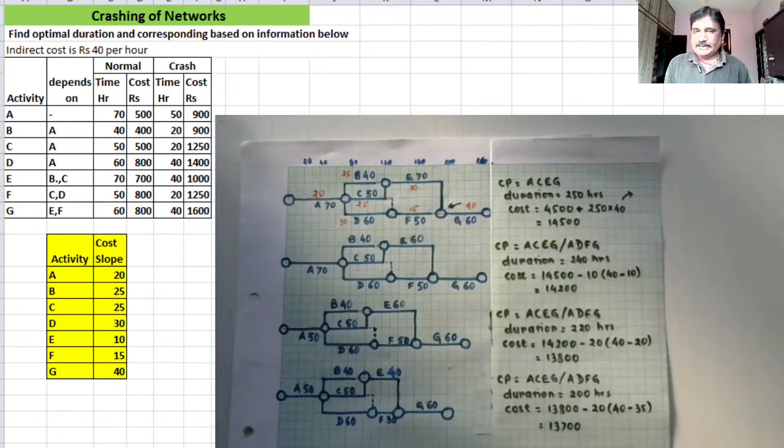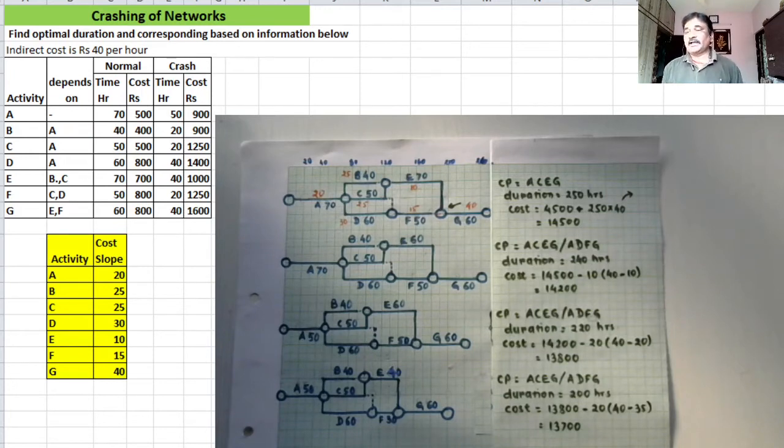My project length is now 240 hours, so there is a reduction of 10 hours. 10 hours reduction means there is a reduction in indirect cost. So 10 into 40, 400 rupees reduction is there, but there is simultaneous addition in the crashing cost also.